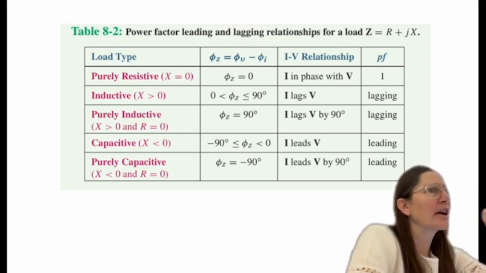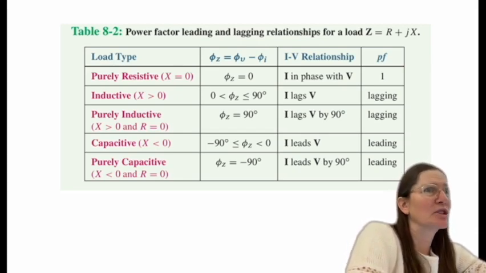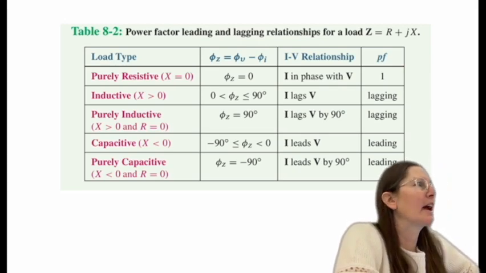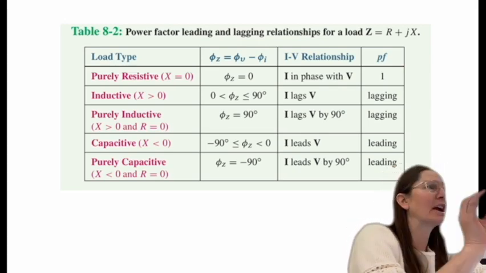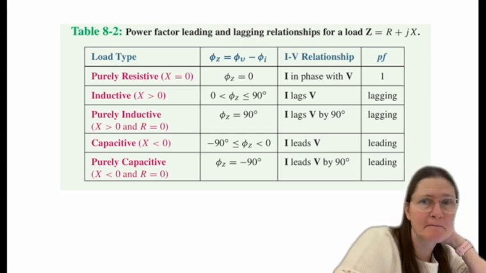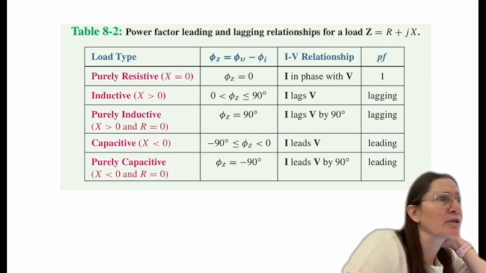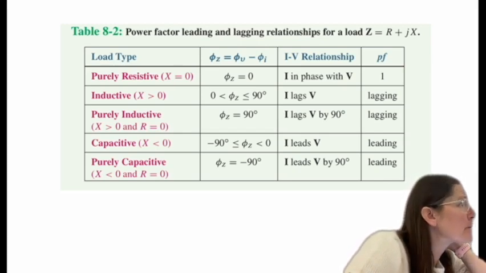So there's no imaginary portion, no reactive portion, so it's just resistors in there, or it has components that are canceling each other out so that it looks resistive. Your voltage and current will be exactly in phase with each other.